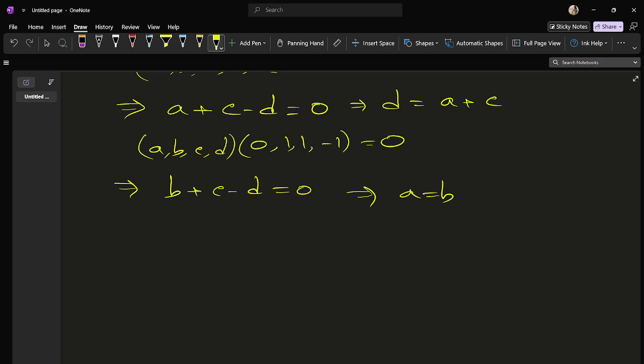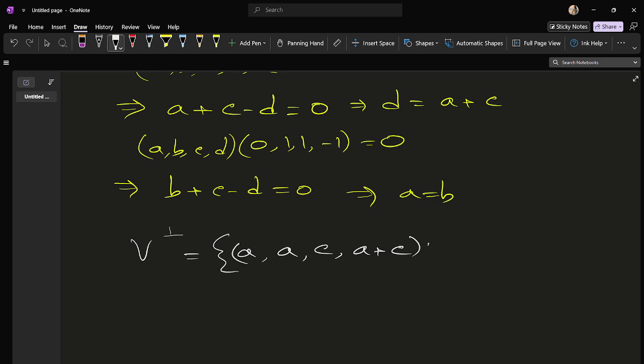So our vector space V perp will look like: a will be a and b is a, and after that c is c and d is a plus c.